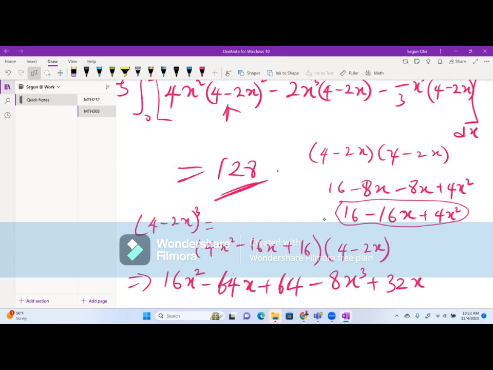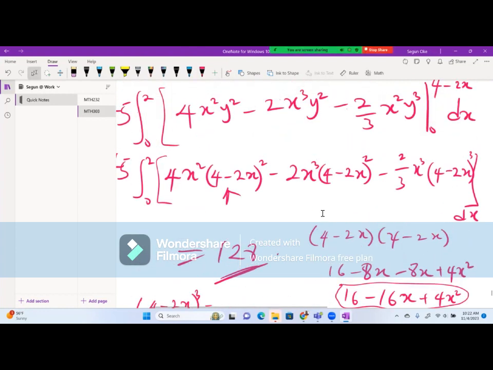Sorry to take you back. What you did immediately after that bracket, I think you were supposed to factorize 4 minus 2x out. So how come you are using 4 minus 2x to multiply 4 minus 2x? I'm just explaining this. Remember, you can't factorize x out because you have to integrate with respect to x. The last one is to integrate with respect to x. Remember what I did?